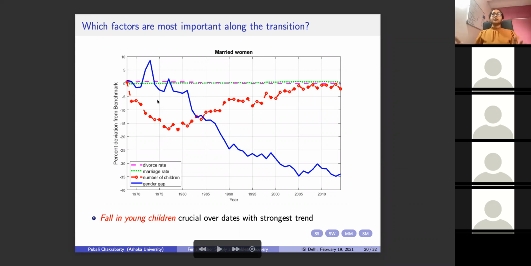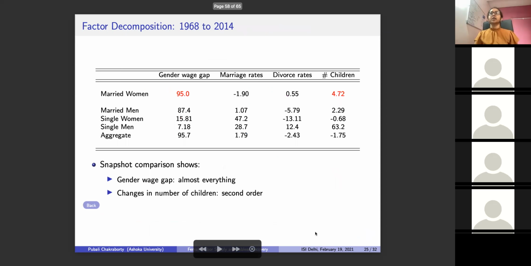When I do this kind of a division along the transition, what I find is that if you look at the overall change, the gender wage gap narrowing seems to matter. However, remember that the steep trend that existed for women was around the time prior to 1985, where the fall in the number of young children at home seems to be the most important factor contributing to this overall change. This is something I would have missed if I had looked at just a steady state to steady state decomposition.